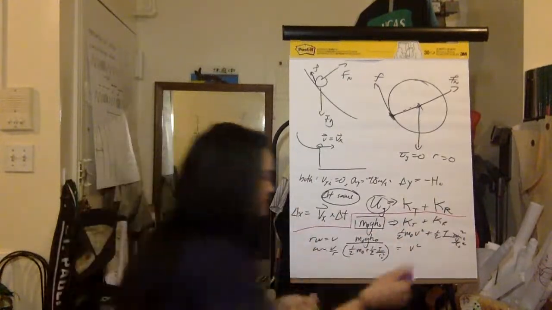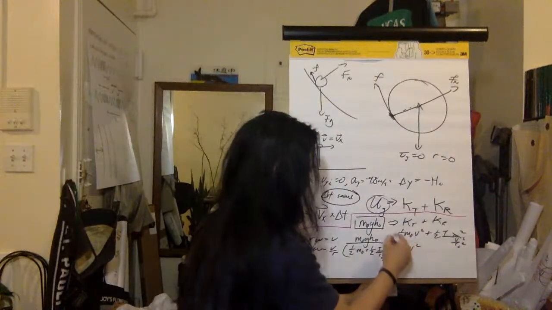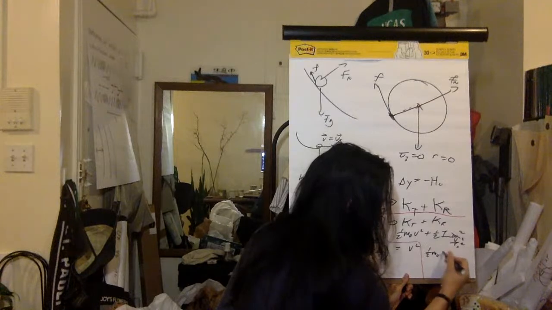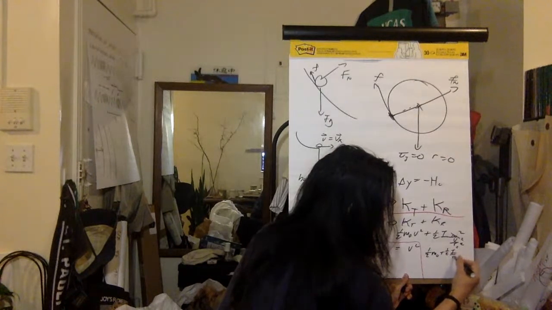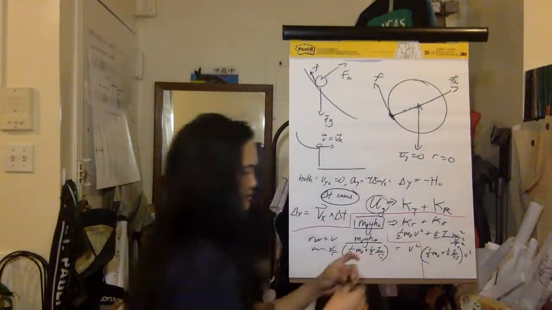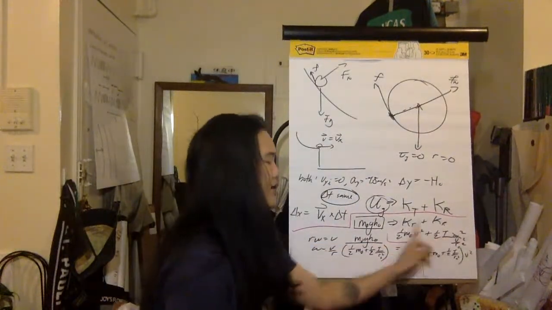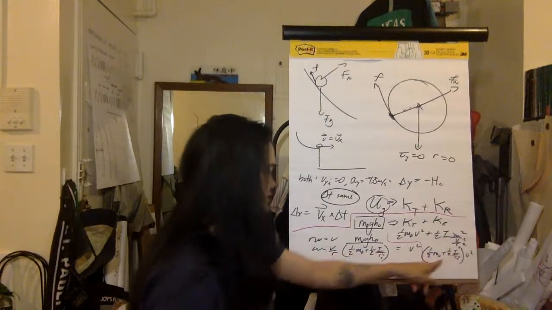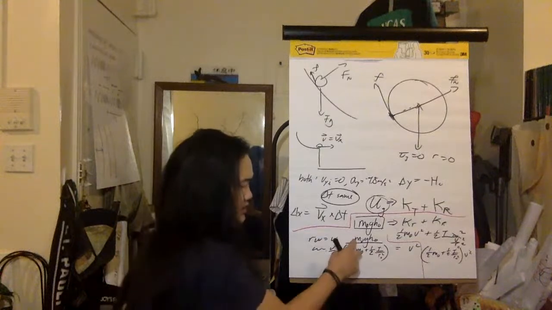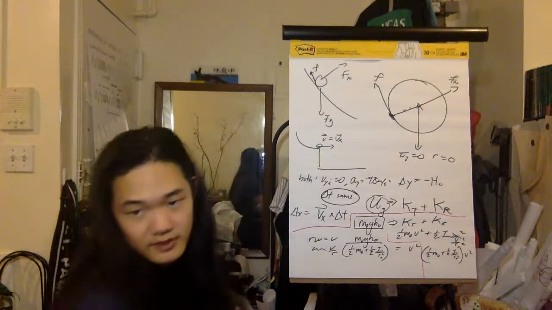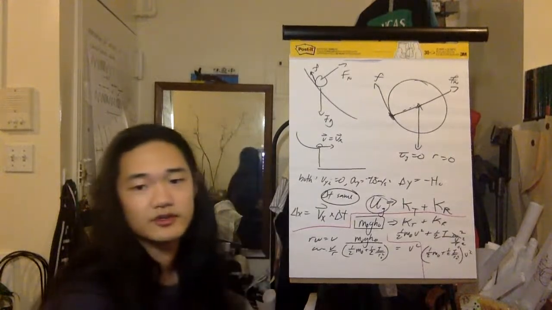Then I factor, and I say this is equal to 1/2 m naught plus 1/2 I over r squared, times v squared. I basically take the v squared out and leave this stuff in. And then I divide both sides by this, so I get v squared equals mgh all over 1/2 m naught plus 1/2 I over r squared.